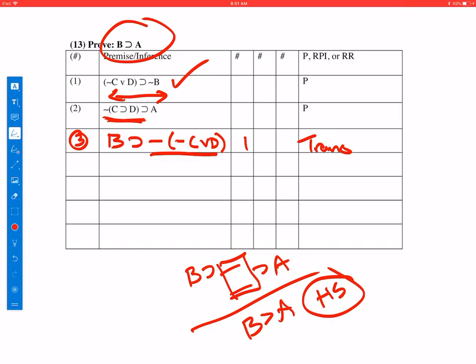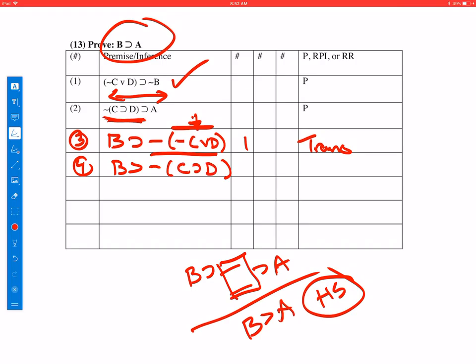But we can convert, we can work on line 2 or we can work on line 3. Let's pick line 3. I'm going to convert what's inside the brackets to a then by material implication. Everything stays the same. I'm going to apply material implication to just what's inside the brackets.